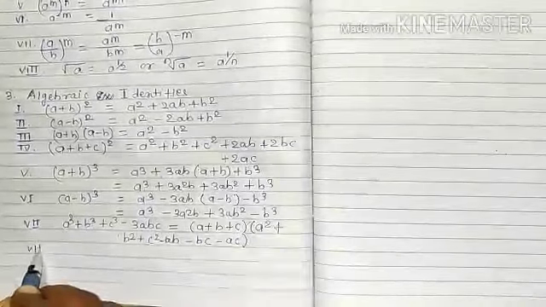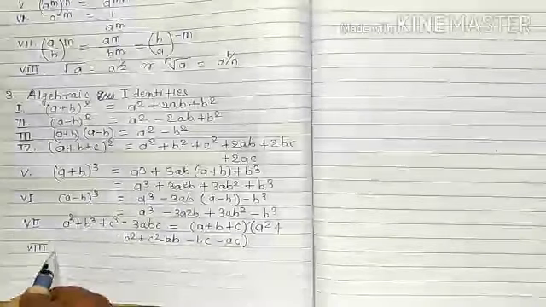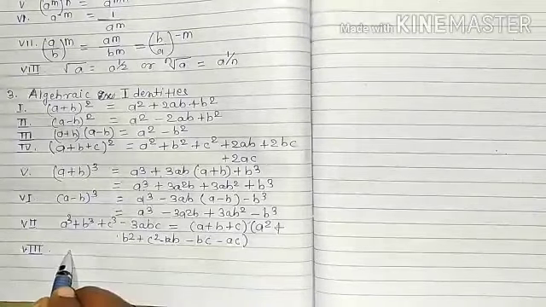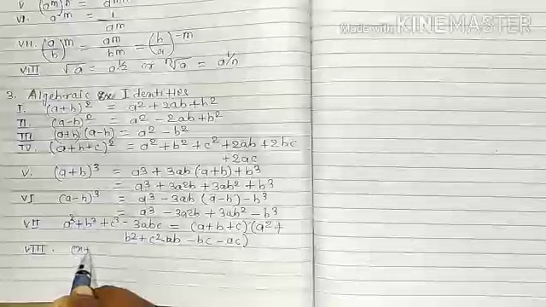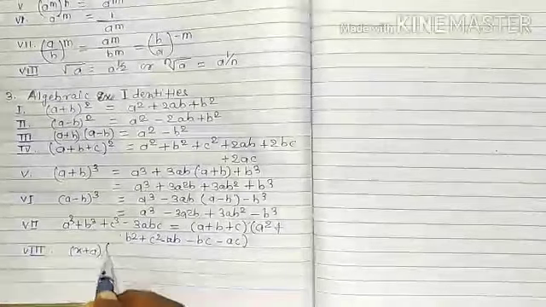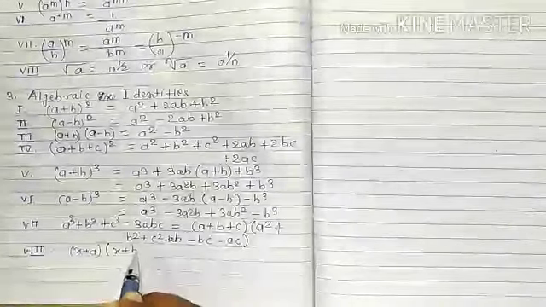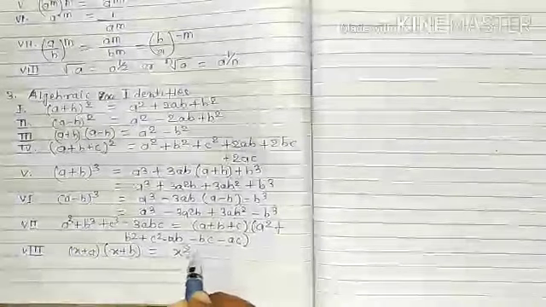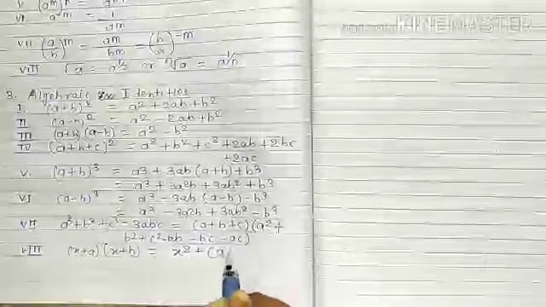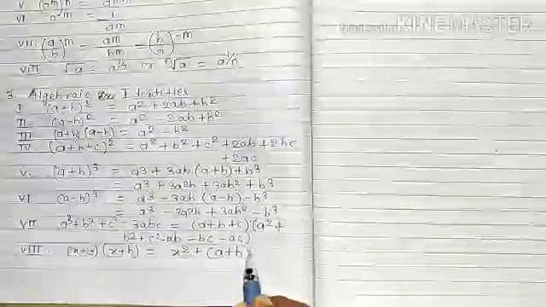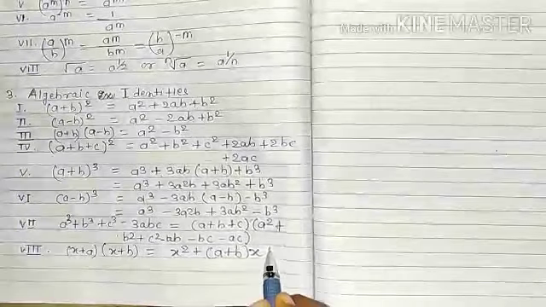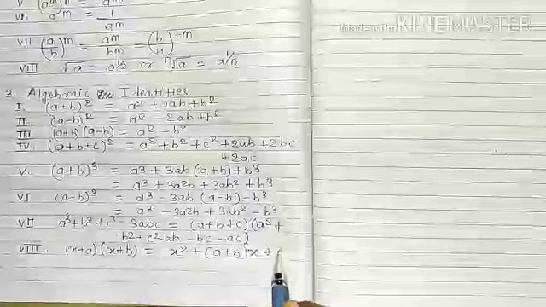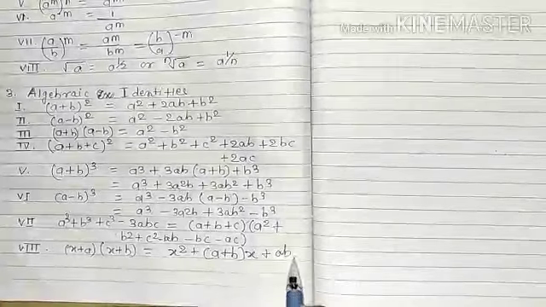Eighth identity, x plus a multiplied with x plus b is equal to x square plus sum of a and b into x plus a into b.